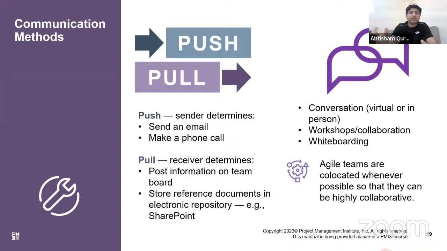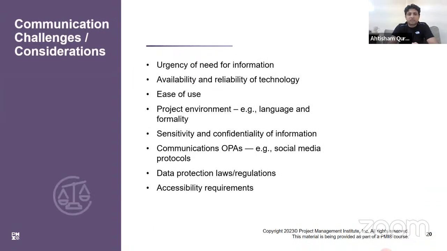Being agile doesn't mean that you will always be co-located. You can be a remote team member, but you can still be agile because the technology has advanced to such an extent that we are almost connected throughout the day with the remote team members as well. But preferably, agile emphasizes co-location of the team members for smooth communication and collaboration.